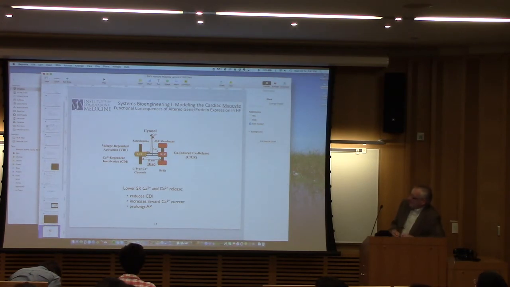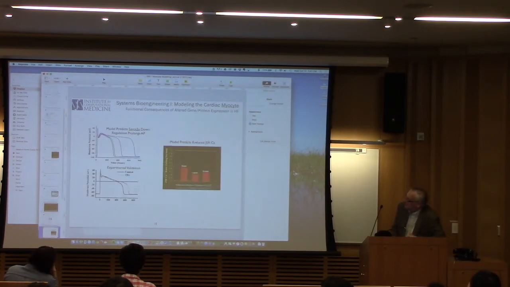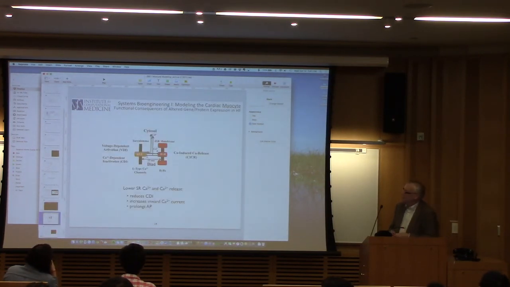And so the answer lies in some important properties of the L-type calcium channel that were really beautifully explored by David Yue in our department. And I'll summarize these properties in this really, whoops, the animation didn't work.